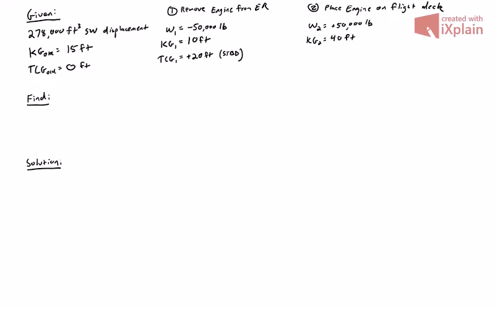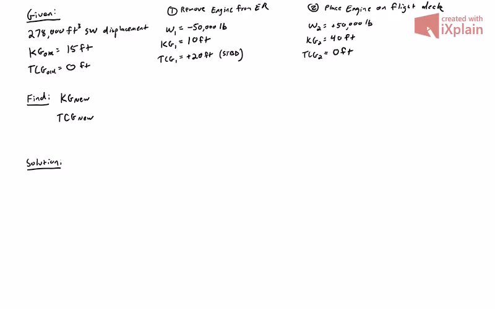And it tells us that we place it on the center line on the flight deck. So on the center line means that the TCG, transverse center of gravity, is 0 feet. So that's all of our given information. It then asks us what is the new vertical center of gravity and the new transverse center of gravity.